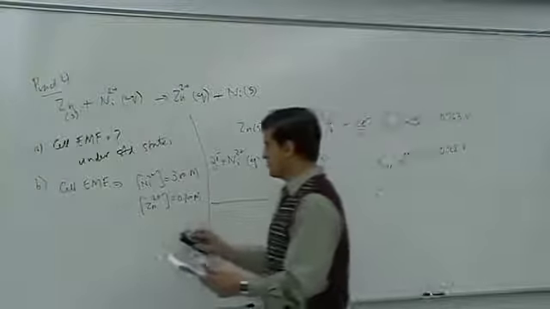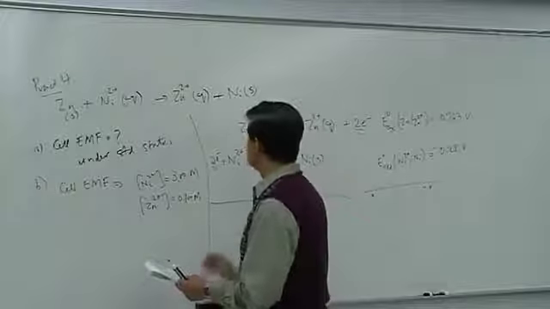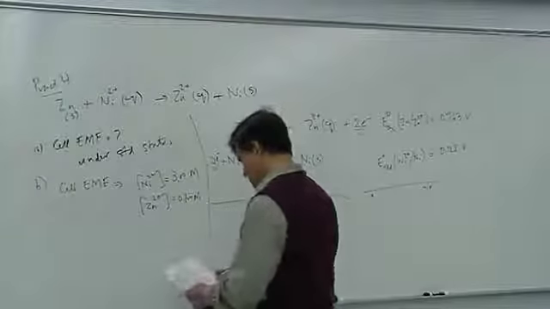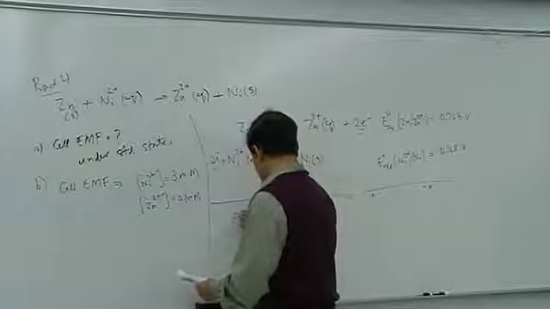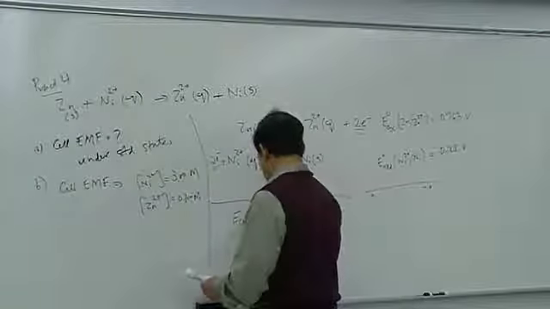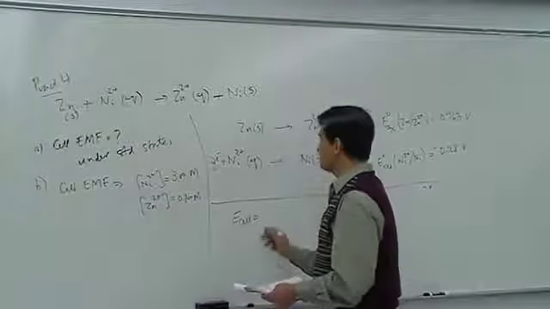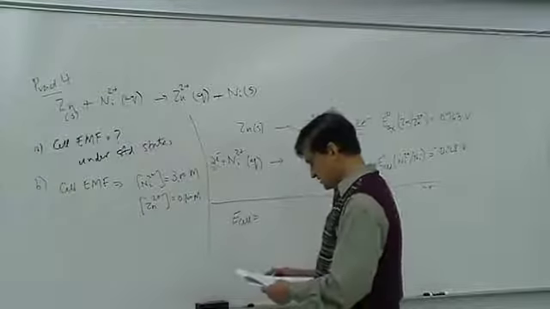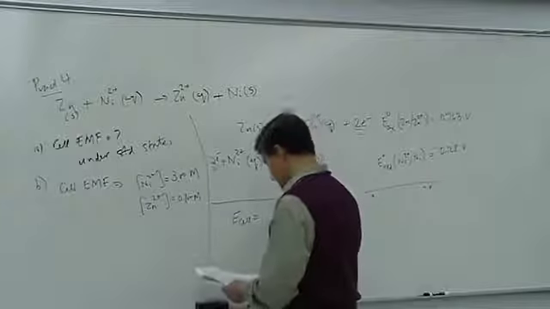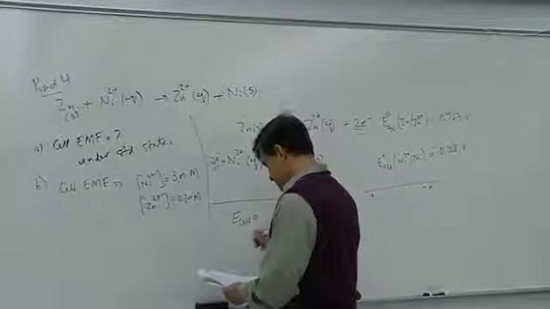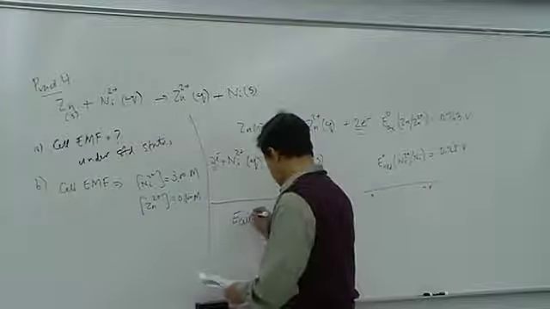Now, in order to do the second part, we need to use this expression that I used before, which is coming from E cell. You can derive it from delta G equals delta G0 minus RT ln Q, but if you do the math, you're going to get this.